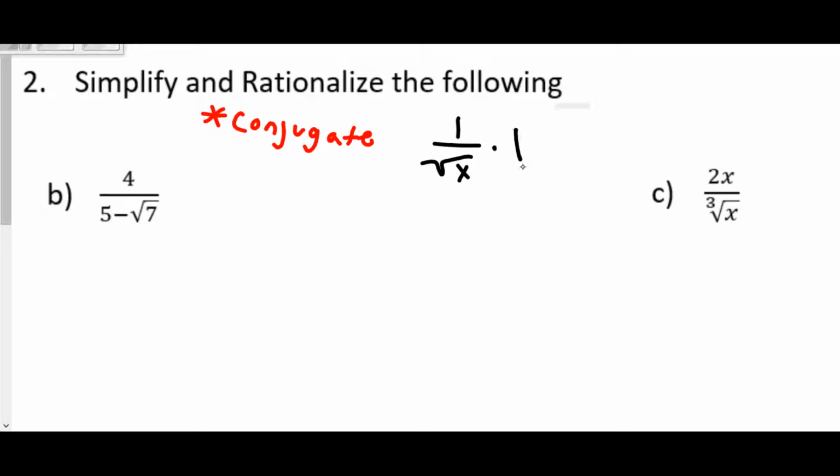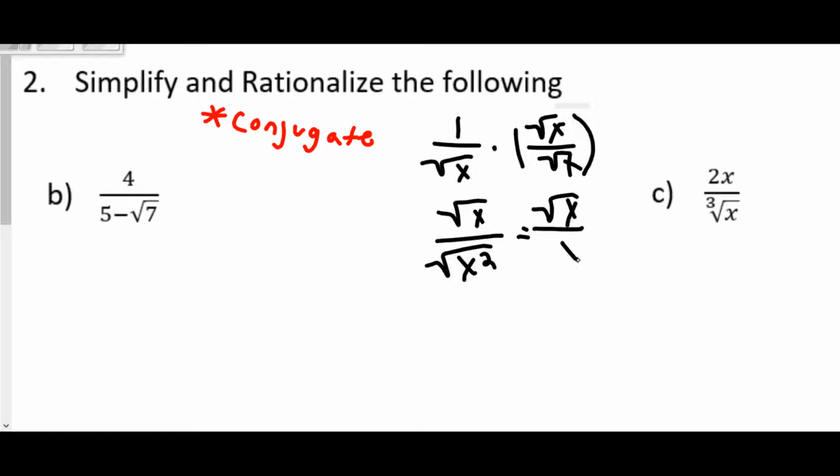We multiply the top and the bottom by rad x times rad x. That turns us into rad x over the square root of x squared. Now we know that the square root of x squared is just x. So that gets rid of our radical in the denominator. We have a quote-unquote real number because x is just a real number. In the denominator, we're good.